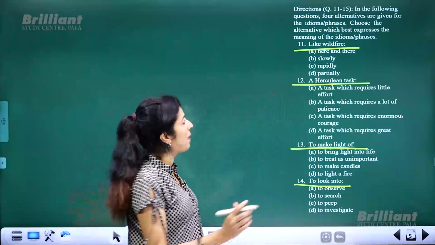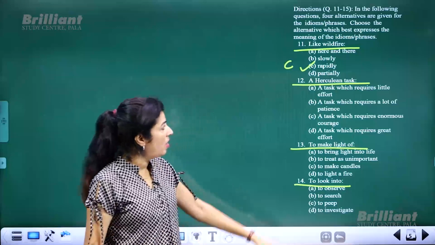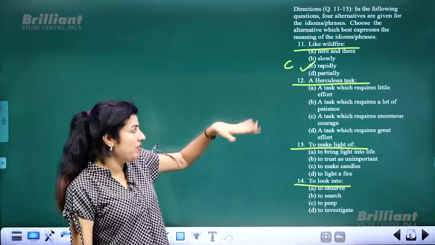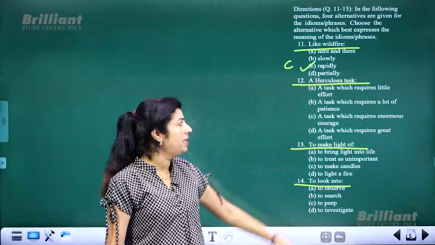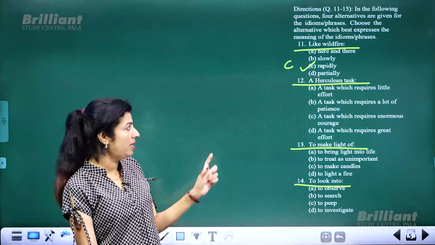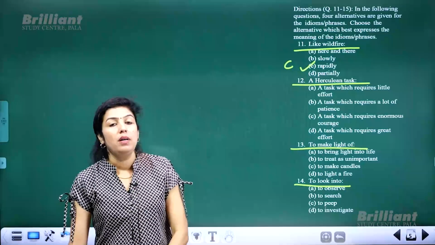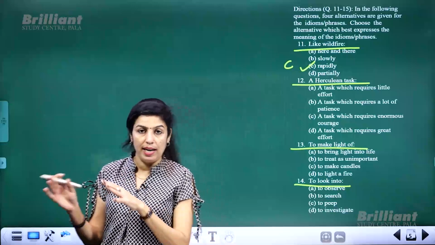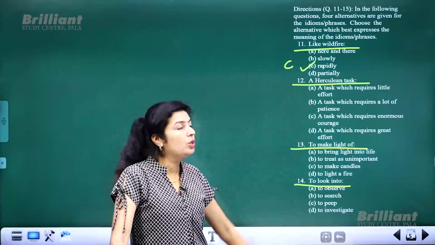So rapidly is the meaning, C option. It's not here and there or slowly, which is just the opposite, or partially. So the exact meaning of that idiomatic expression is rapidly. Very often we use this idiom to show that something has spread like wildfire. That means very quickly. Okay, now a Herculean task.